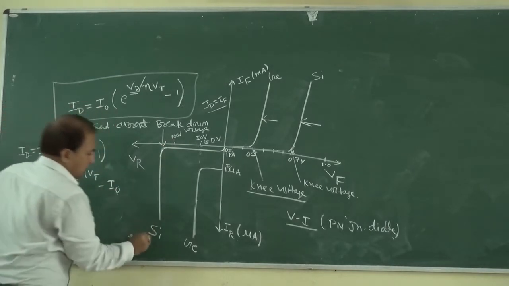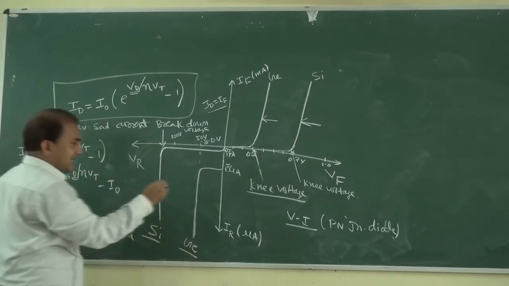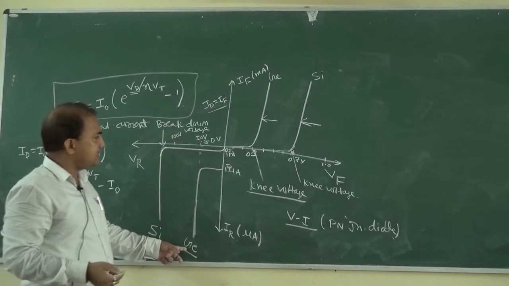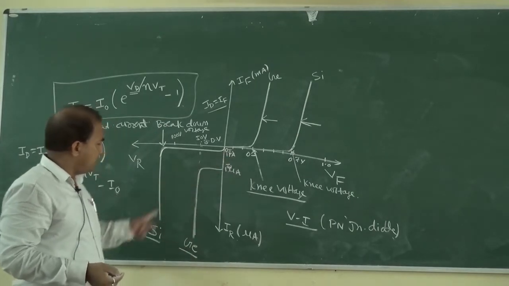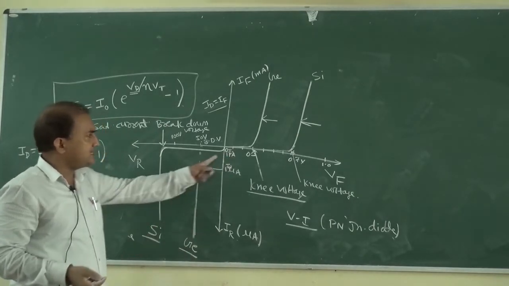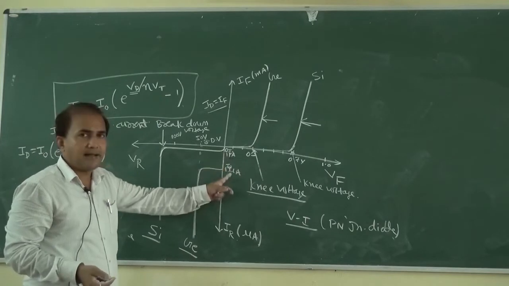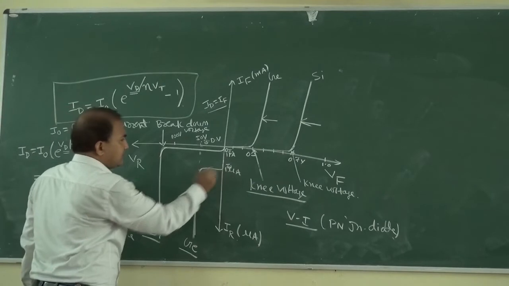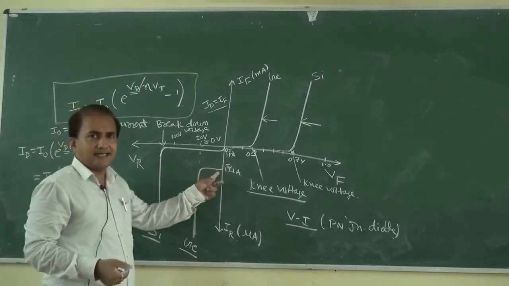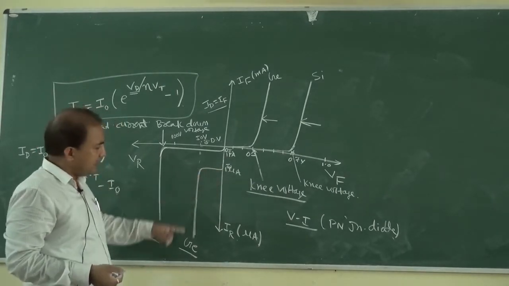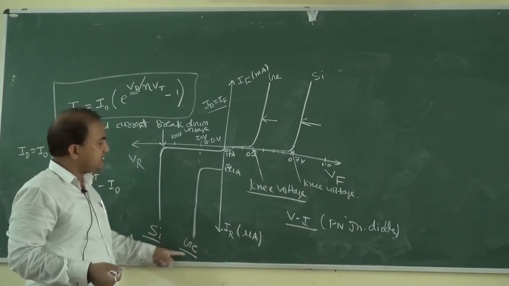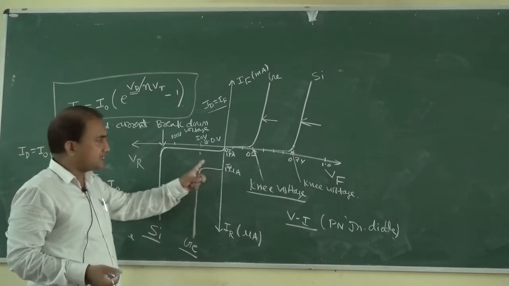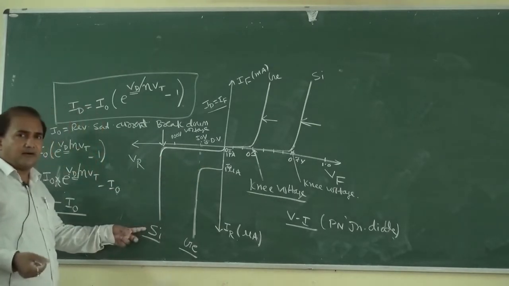This is I naught for the germanium PN junction diode, and this is I naught for the silicon PN junction diode. This is in the picoampere range, and this is in the microampere range. So the reverse leakage current in a germanium PN junction diode is much more as compared to a silicon PN junction diode.